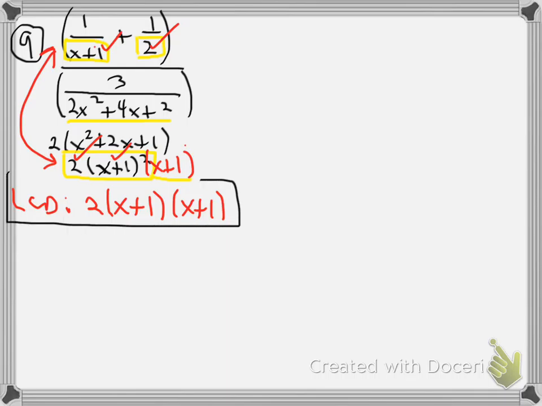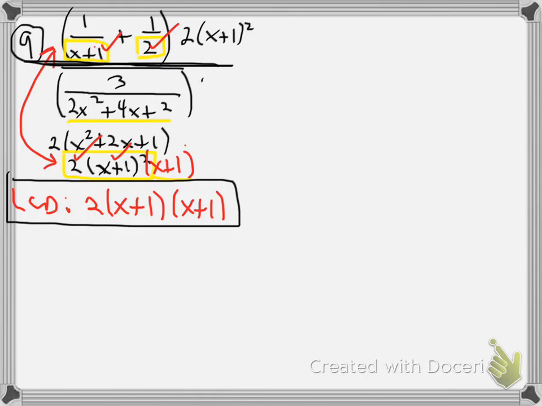Okay, we're going to multiply the top and bottom fractions. Make sure you realize there's a big fraction bar here, separating the top and bottom fractions. So the top one I'm going to multiply by 2x plus 1, and to save time, I'm going to write it squared. Okay?